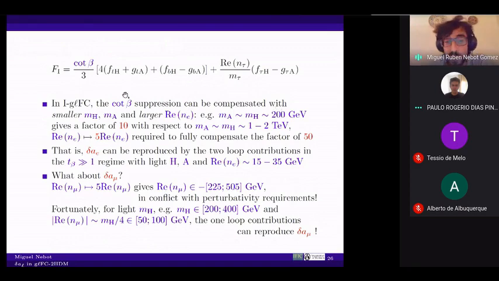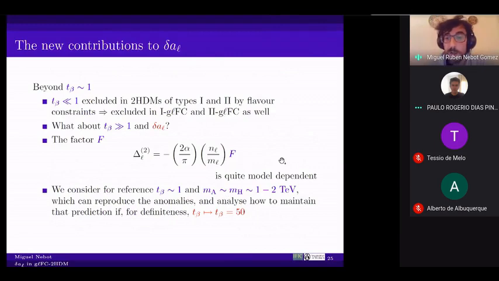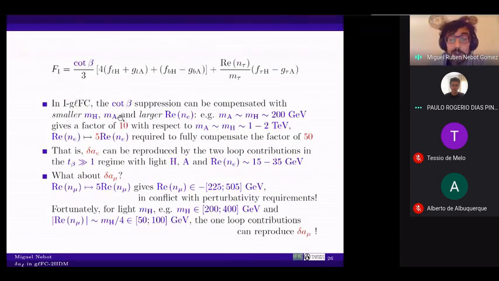If you want to compensate for that, you will need smaller scalar masses and also larger lepton couplings. For example, by reducing the masses to these 200 GeVs, which is a factor of 5 to 10 with respect to this reference value here, you already recover a factor of 10. So the rest you can make just with the couplings.